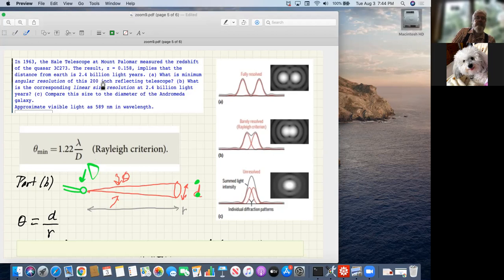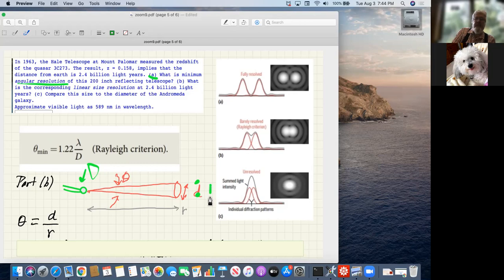Now, okay, so part A is, what's the angular resolution? Well, this is the angular resolution, 1.22 lambda over D. And now, what's the corresponding linear resolution?